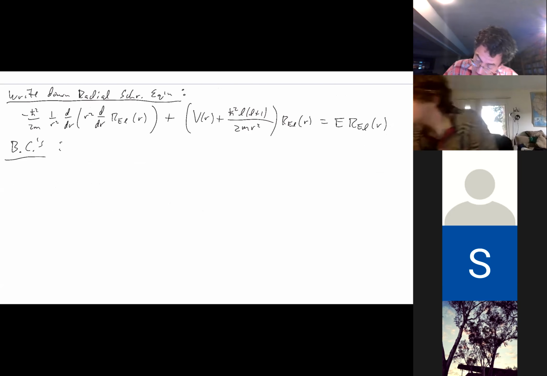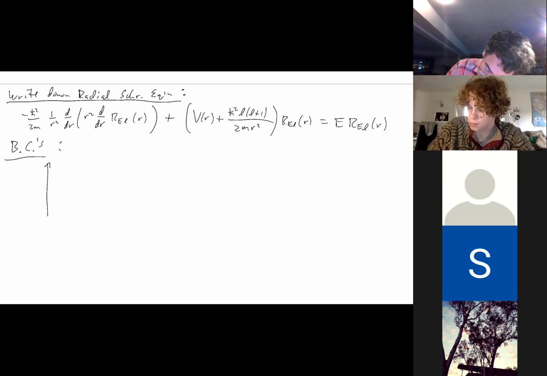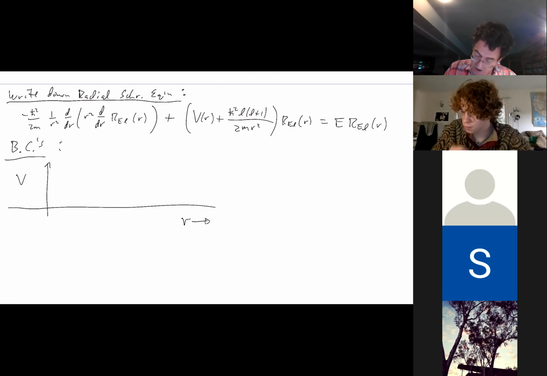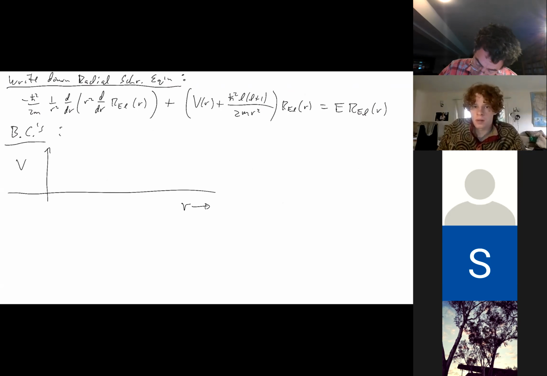In the radial direction, we have V as a function of r. This is one of those classic problems where there's a very well-defined boundary, and the boundary occurs when r equals what? r naught, yes, exactly.